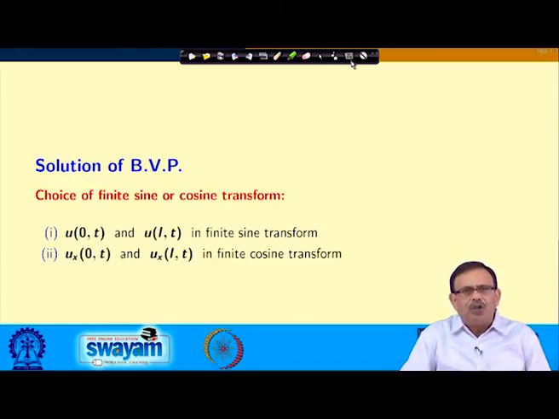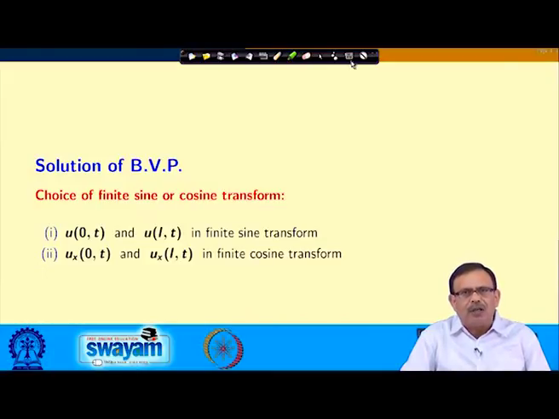For the finite sine transform, the values of u(0,t) and u(L,t) must be known to us, then only I can use the Fourier sine transform, whereas for the finite cosine transform the values of u_x(0,t) and u_x(L,t) must be known, that is, the first derivative of the function at x equals 0 and at x equals L with respect to x.